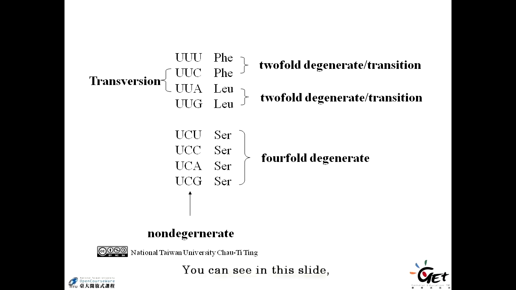So you can see in this slide, if it's a 2-fold degenerate site, you can easily look at whether it's a transition or a transversion. For a 4-fold degenerate site, it doesn't really matter. So that's the property he uses to estimate the number of sites and number of changes.